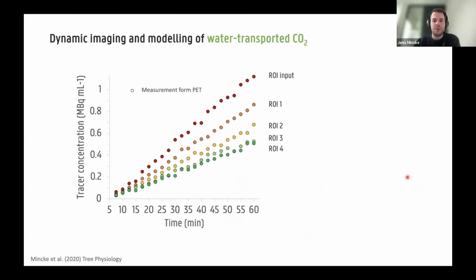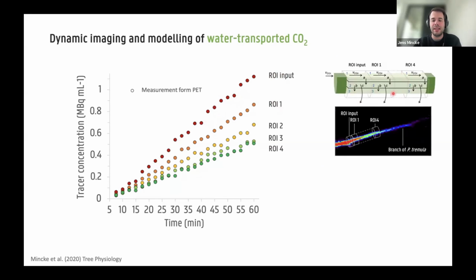If we have a look, what we acquired from the image data was discrete points, not connected points, of the activity inside each of these ROIs. Then we have our model, and using model calibration, a computer program tries to estimate each of these parameters, so the velocity and the exchange fractions A, B, C. And then it calculates the tracer activity in each ROI, and this is given by the model fit.